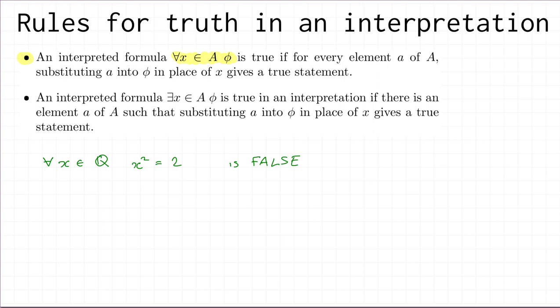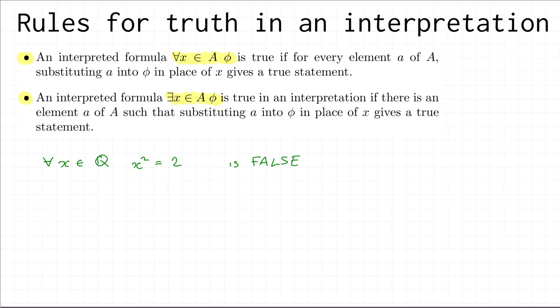Let's look now at the next bullet point, which is about when an interpreted formula that begins with the there exists quantifier is true. So an interpreted formula where the domain is a set A, that looks like this, and here again phi just means whatever the rest of the formula was, is true in an interpretation if there exists an element a in A such that when you substitute a into phi in place of x, you get a true statement.